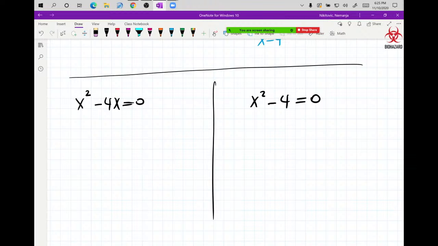The left one, does anyone see what factoring I should use on the left problem? I mean, if you know what the one on the right is, you can say that as well. Remember, we are factoring.